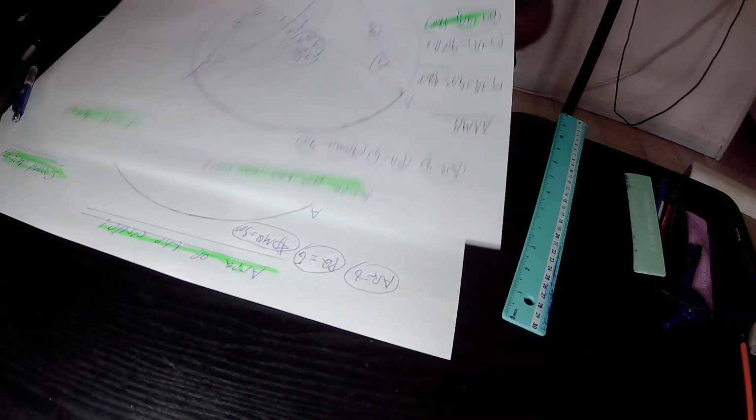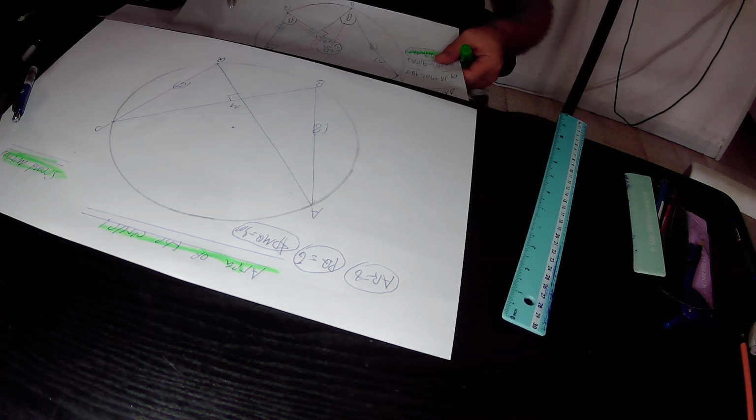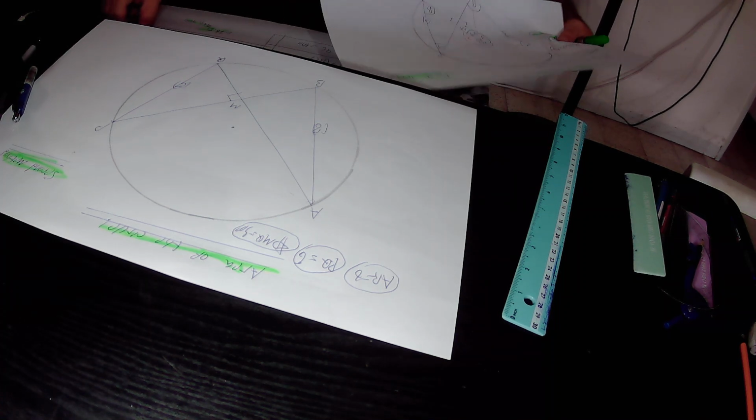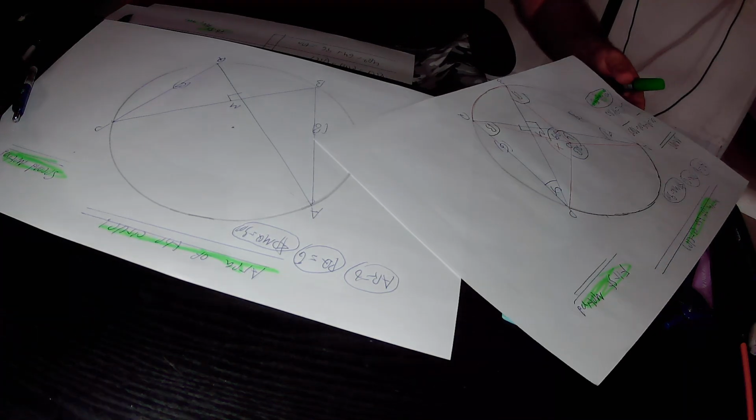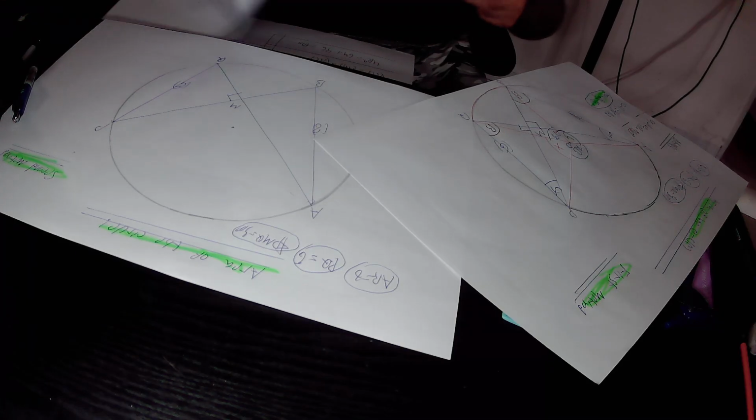In the next step, I will present to you how to find the area of this circle according to the second method. In the second method, we use some of the things that we already found in the first method.